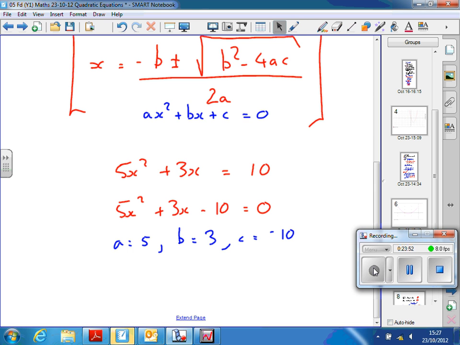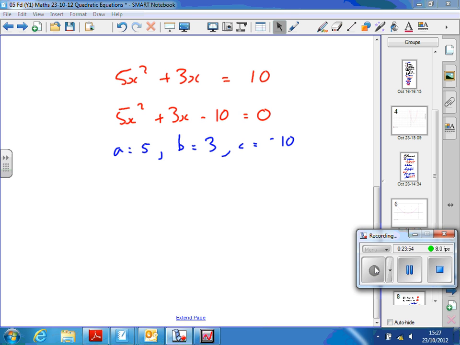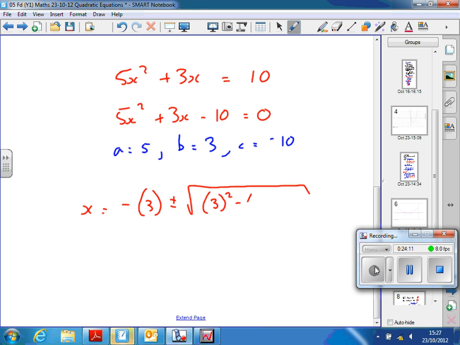Now I would write down the quadratic formula and substitute in the values. Minus b, what's b? 3. Plus or minus the square root of b squared, so 3 in a bracket squared, minus 4 times a, which is 5, times c, which is minus 10, all over 2 times a, which is 5.